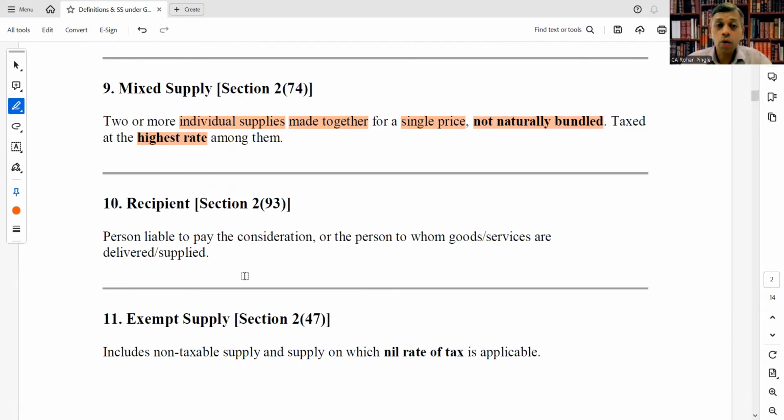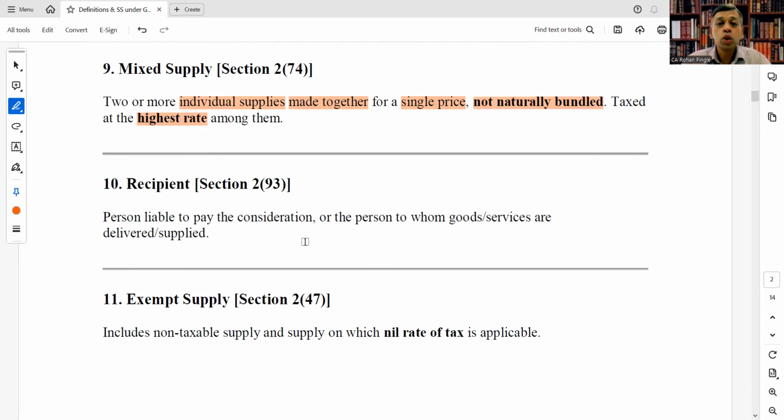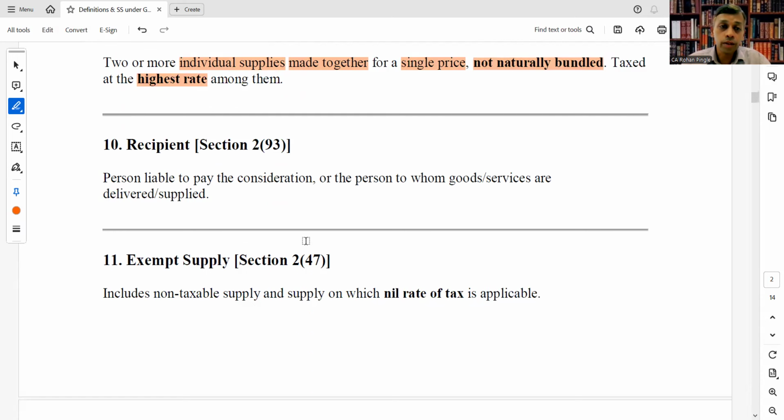Next definition, recipient. Section 2, subsection 93. Who is a recipient?